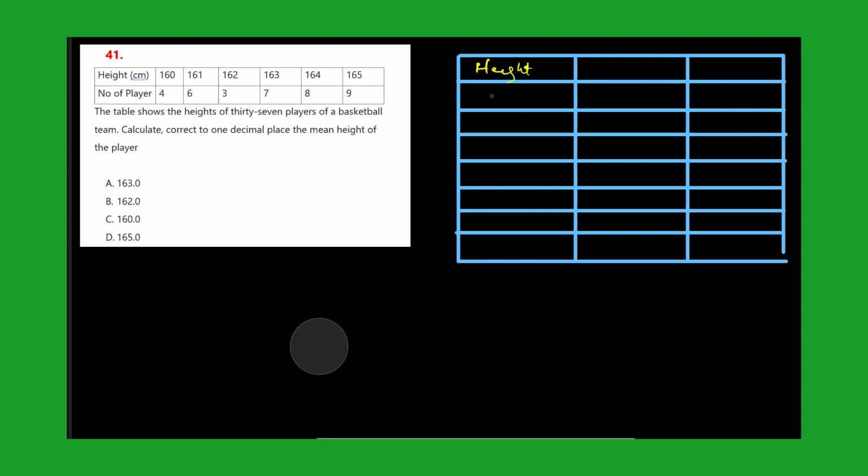The heights are 160, 161, 162, 163, 164 and 165. Then the number of players, which is the frequency, is our frequency.